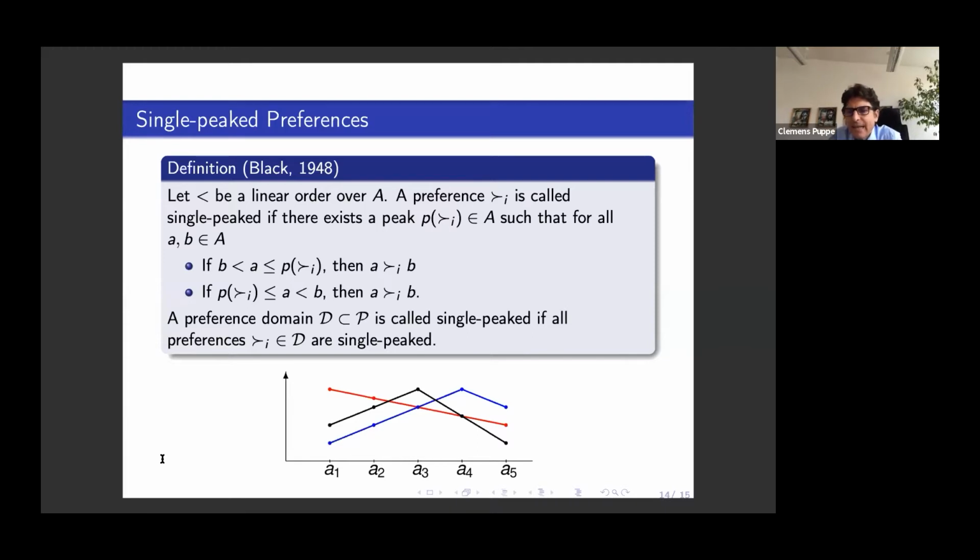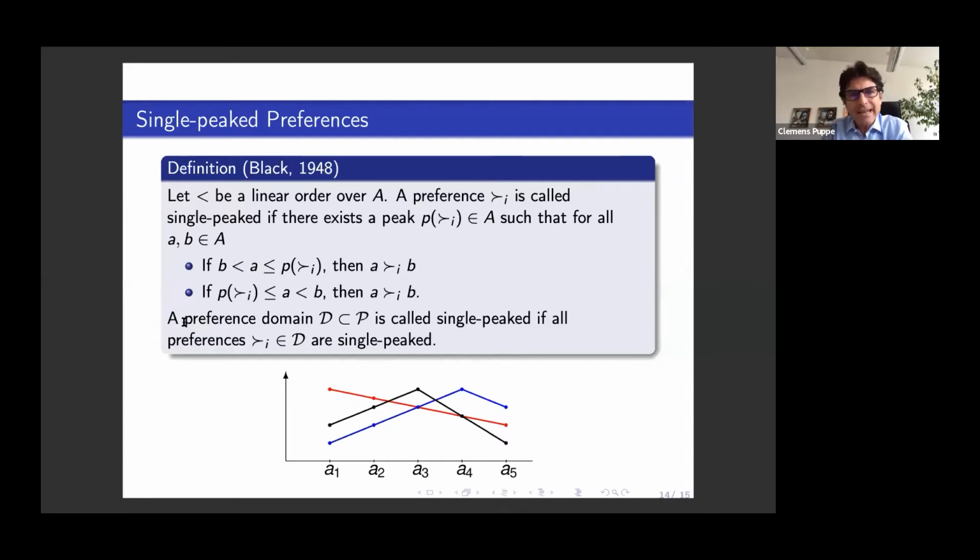Remember that if we give up the universal domain condition, that we should be able to apply our rule under all possible circumstances, no matter what the preferences of the voters are, and we get a good result, if we give up that condition of universal domain, then we get possibility results.